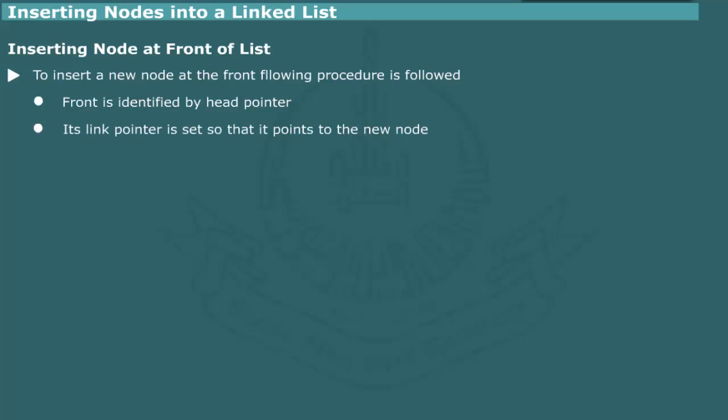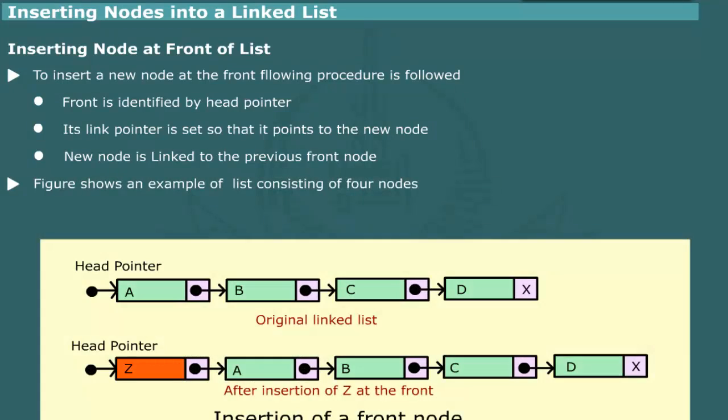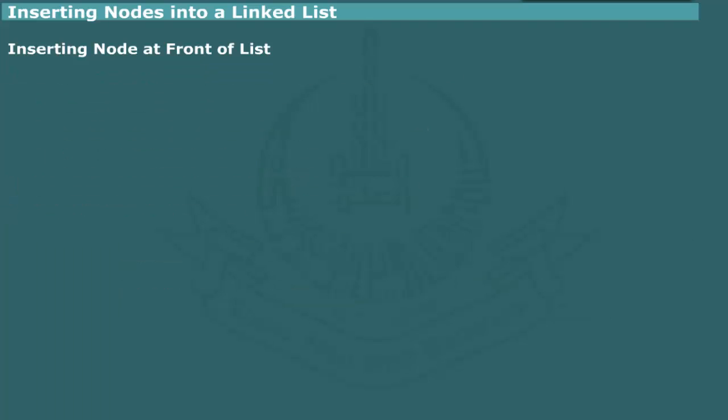Thus, the head pointer is reset so that it points to the new node. Figure shows an example of a list consisting of 4 nodes containing letters A, B, C and D, to which a new node Z is added at the front. The end of list is marked by a cross.